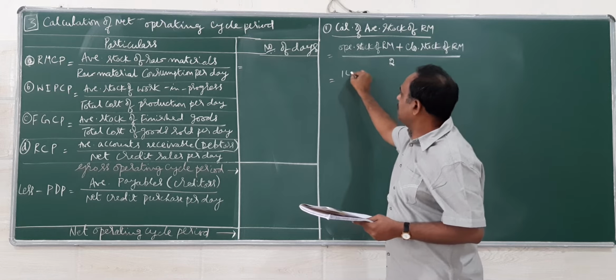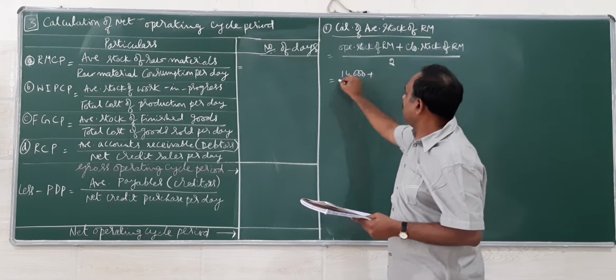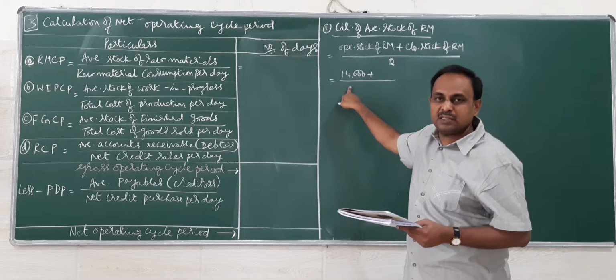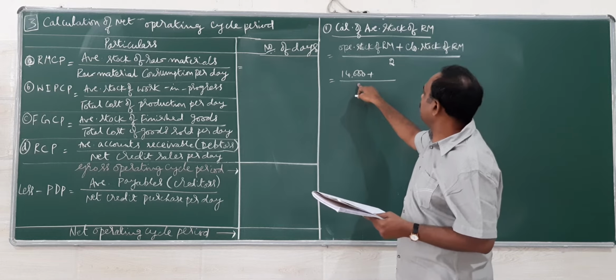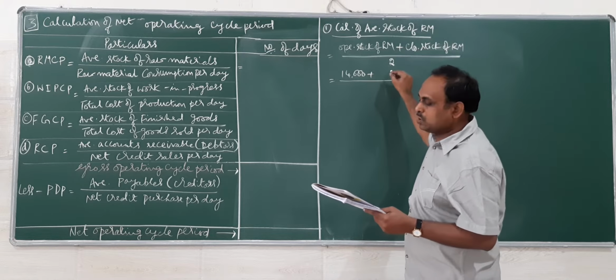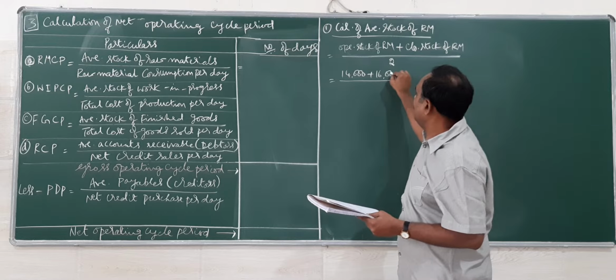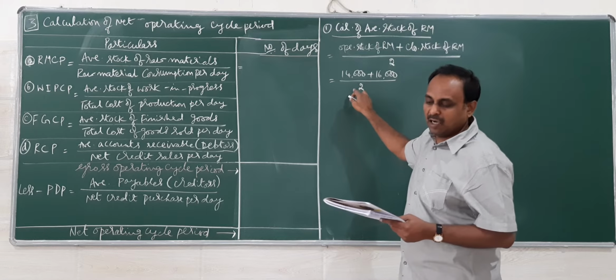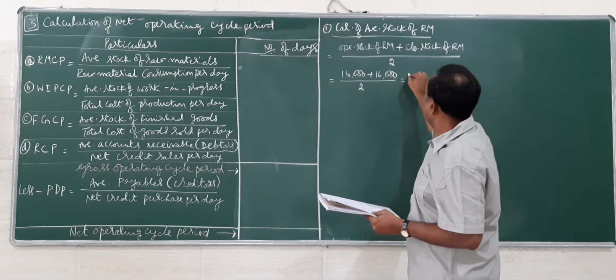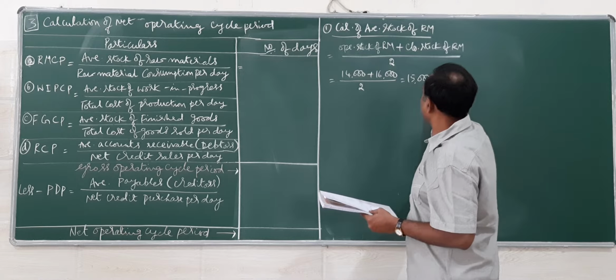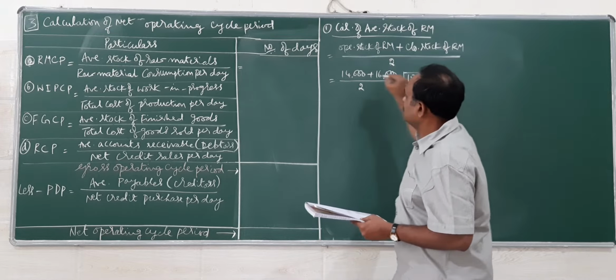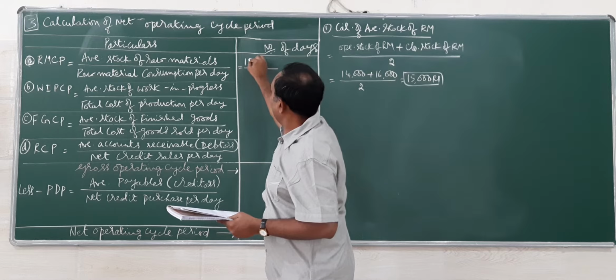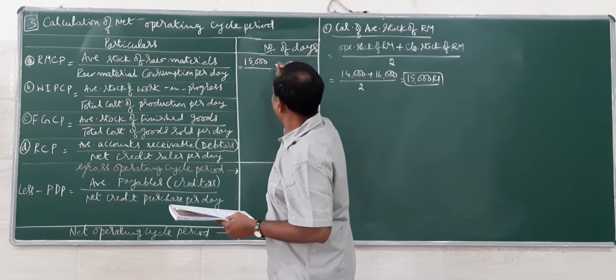If you look at the problem, in the profit and loss account you have on the left hand side, the debit side, the opening stock of raw material, and the closing stock is on the credit side, divided by 2. You are going to get 15,000 rupees as average. So this 15,000, let me substitute here.